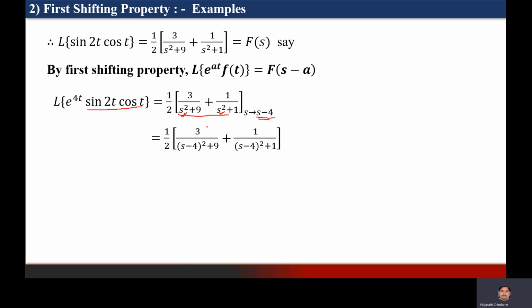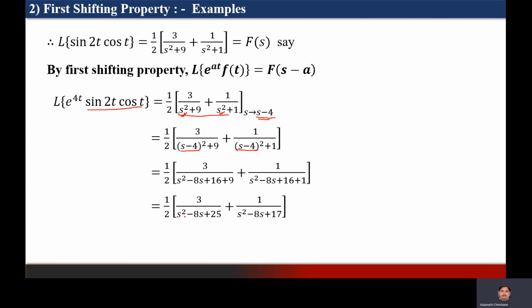Expanding this, it is s square minus 8s plus 16 plus 9, similarly s square minus 8s plus 16 plus 1.